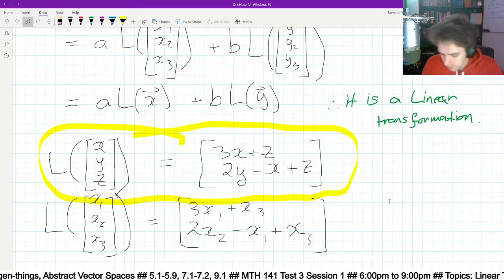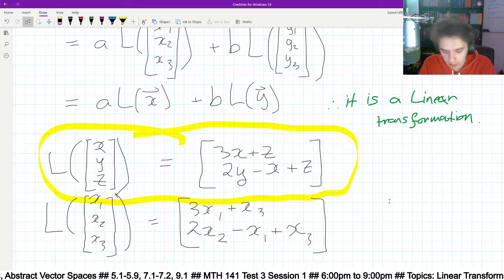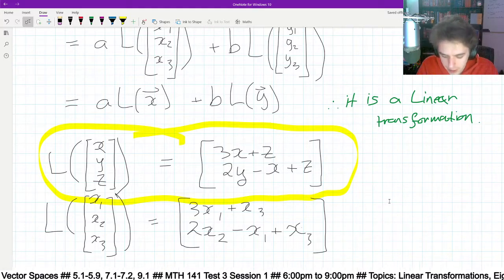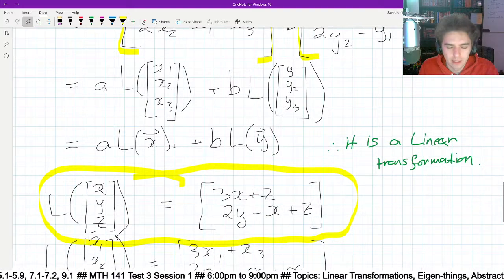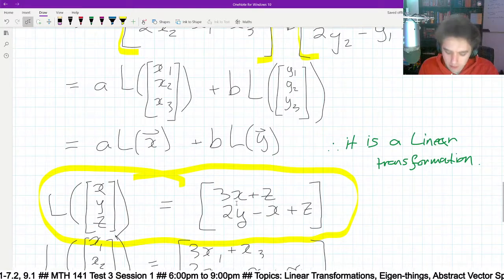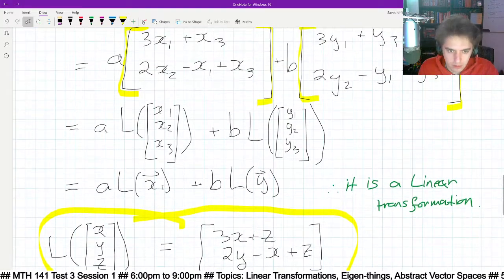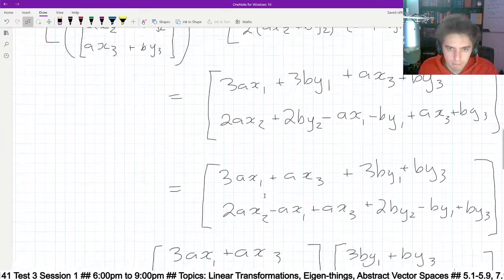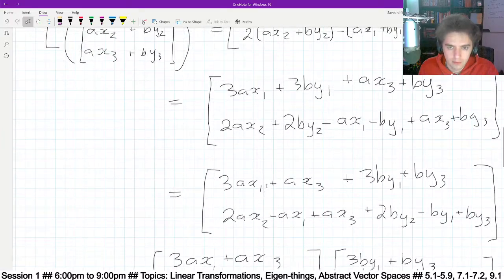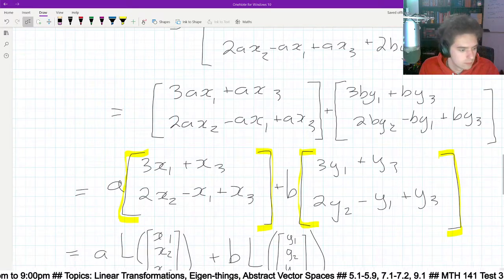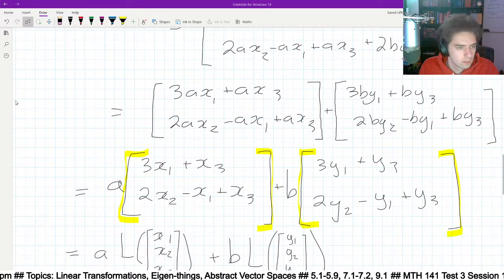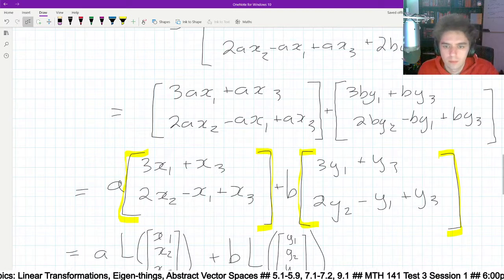So, okay, there's that one, showing something is a linear transformation by showing that it preserves linear combinations. Could you scroll up a little bit? Wait, why is it z there for the B?